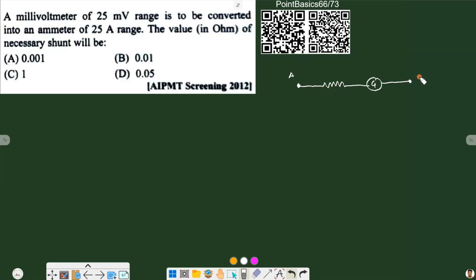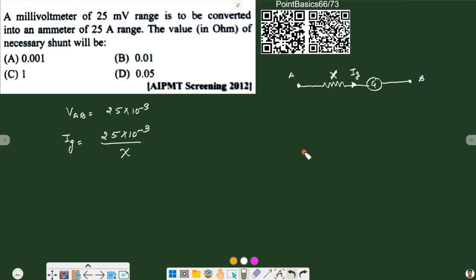So A to B, we can say VAB is given to be 25 millivolt, and the current through this circuit, assuming this is our resistance X, is IG, that was initially flowing. So IG is equal to the total potential divided by the total resistance, and the total resistance we assume is X here.